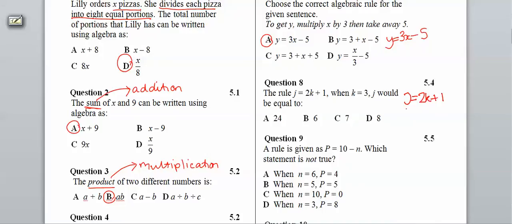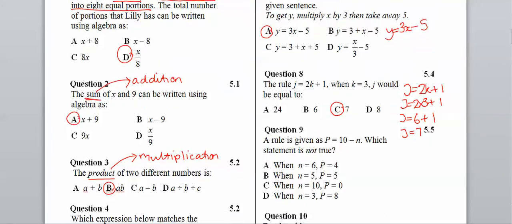We know that k equals 3, so we substitute 3 where k is. 2 times 3 plus 1. And remember, between the 2 and the k is a times. So next, j equals 2 times 3, which is 6, plus 1. So that means j equals 7. So the answer is C.